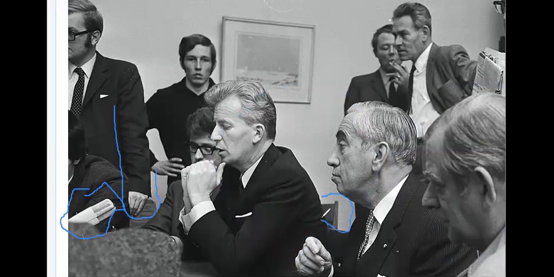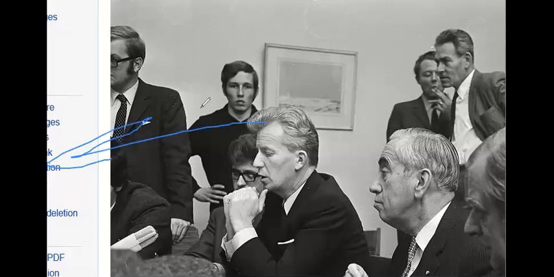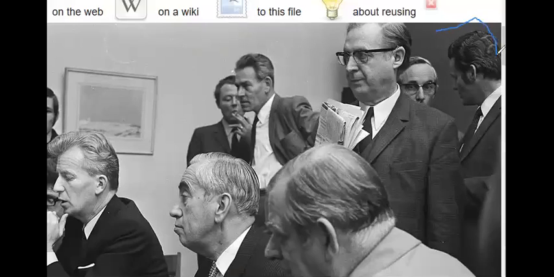There's apparently an empty, lonely chair here. These two gentlemen here certainly appear to be having some kind of hushed discussion of their own. They're not paying the same attention to whatever is going on down in this end of the room as everyone else. It looks like they're talking to each other.